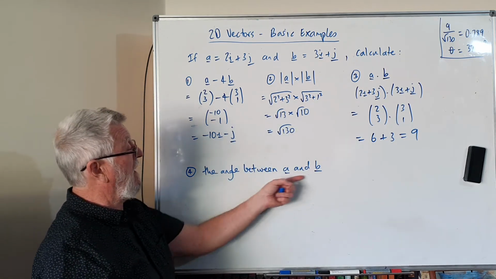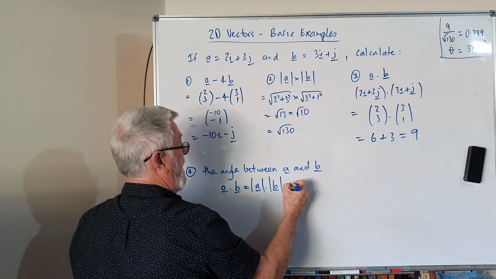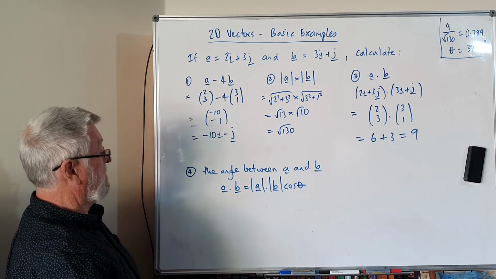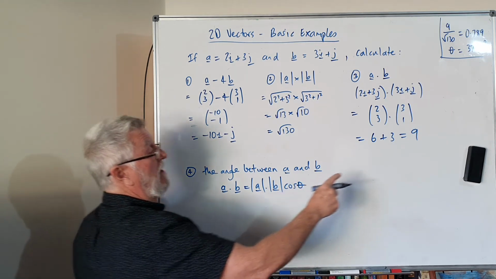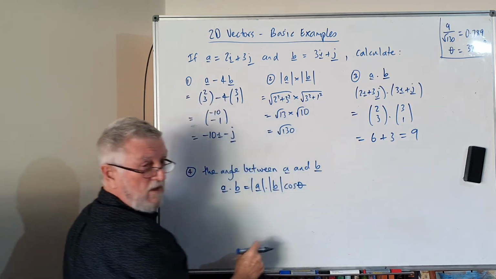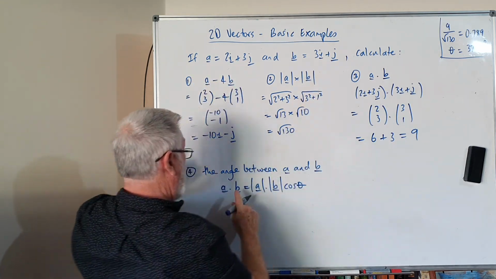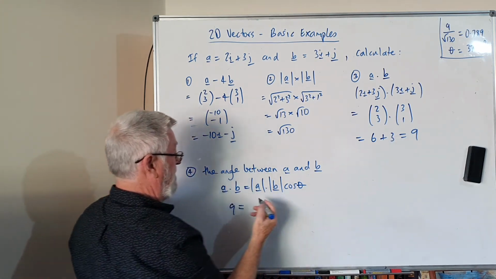Now, how are we going to get the angle between a and b? So we're back to the basic dot product formula. We know that a dot b, we can go back to the previous question, you can work it out yourself by just going 2 3s are 6, 3 1s are 3, and you can put a 9 there, but we've got it written just there anyway.